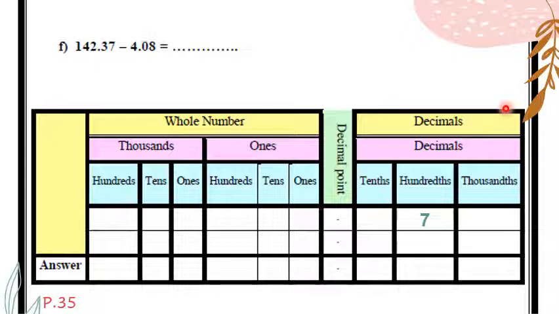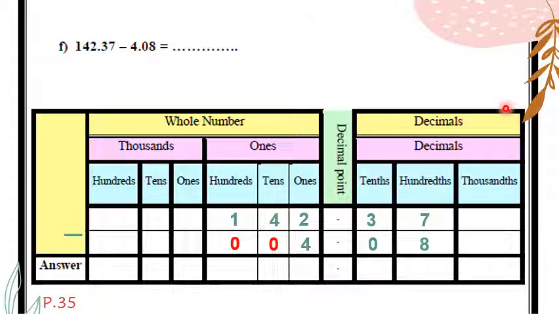I'm going to start with 7 here under the hundredths, 3 under the tenths, 2 under the ones, 4 under the tens, and 1 under the hundreds. Then I'm going to write the second number under its place value. 8 here under the 7, and 0 in the tenths, so I'm going to write it under 3. 4 in the ones, so I'm going to write it under the 2. And the rest I'm going to write 0.